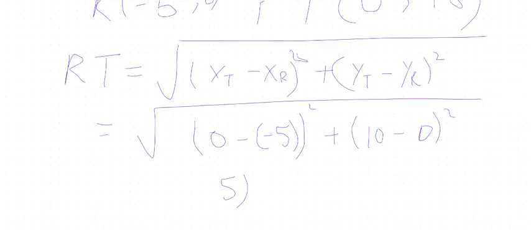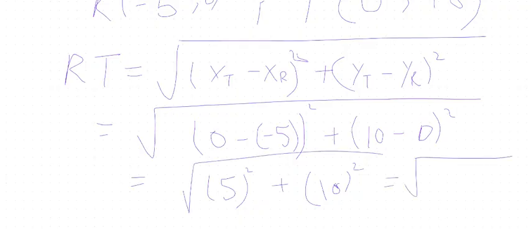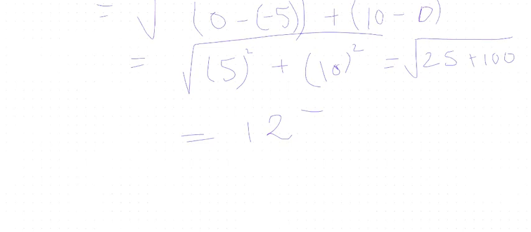We get 25 plus 100, so it becomes 125. I'm taking the square root of this, and this is what we find, RT. Remember the answer must be left in simple surd form.